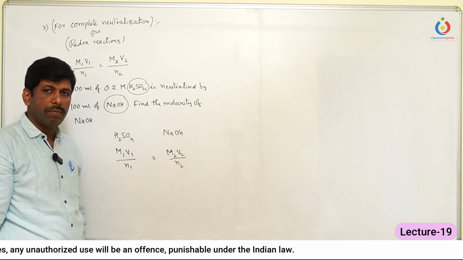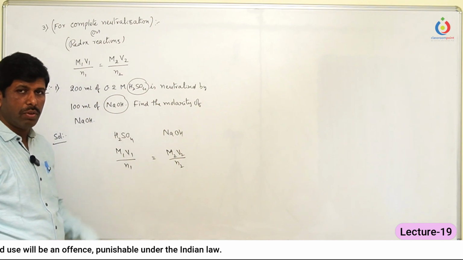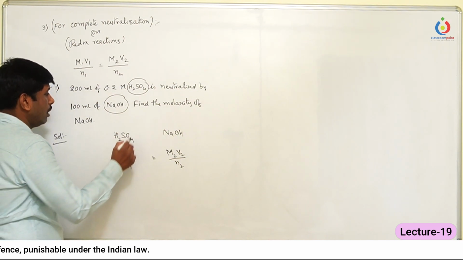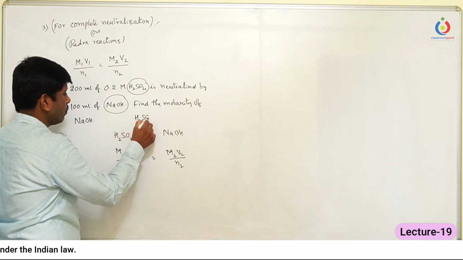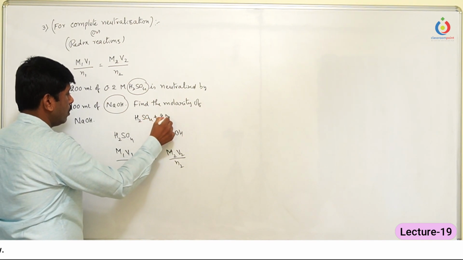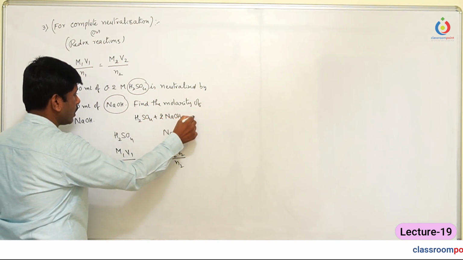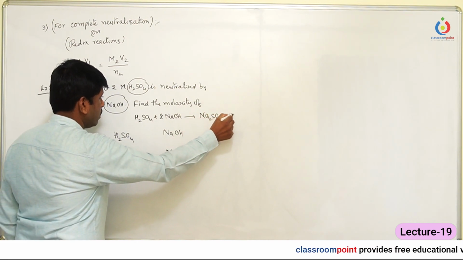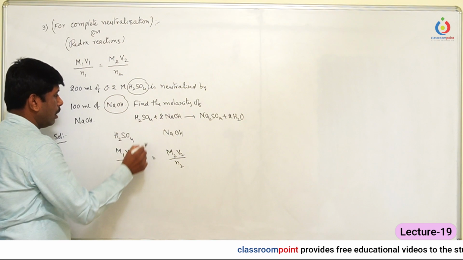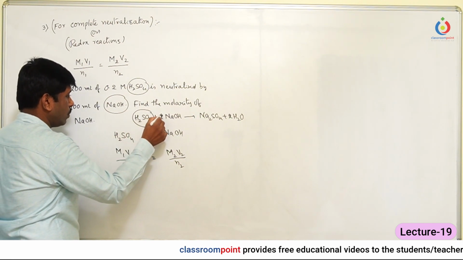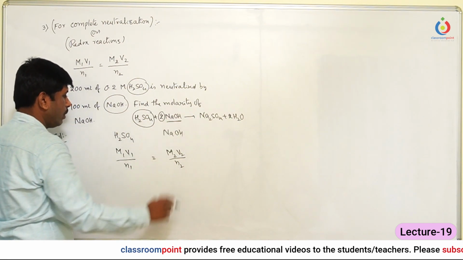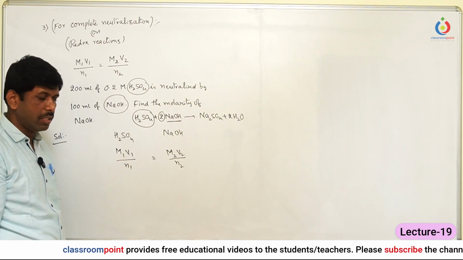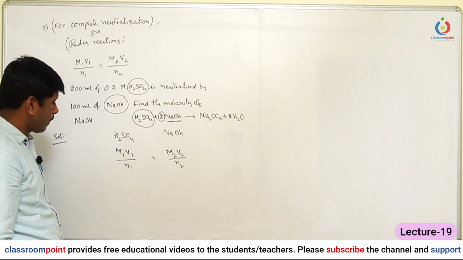N1, N2 values are from the balanced equation, so we need to write down the balanced equation for this. Here H2SO4 reacts with 2 moles of NaOH to give Na2SO4 plus 2H2O. So for 1 mole of H2SO4, 2 moles of NaOH are involved in the reaction. So that only we take here.